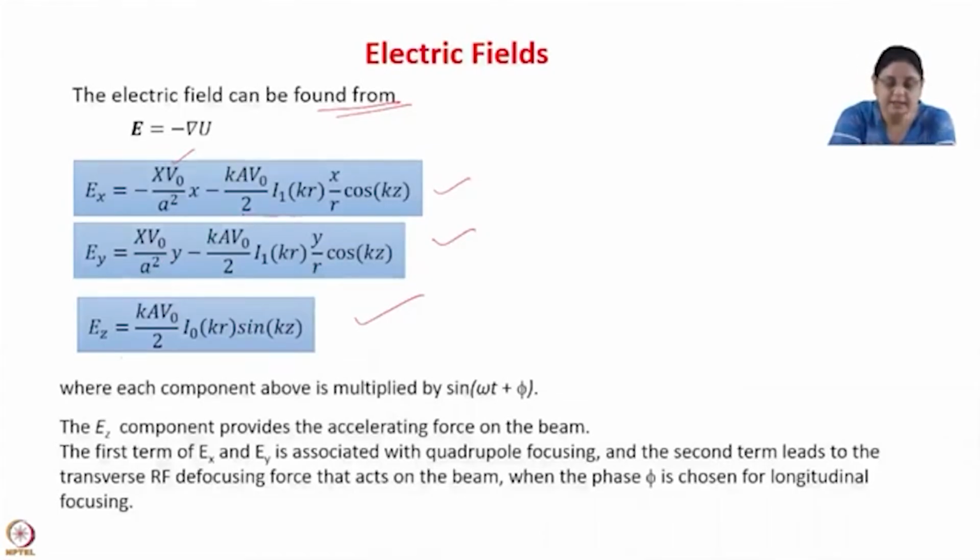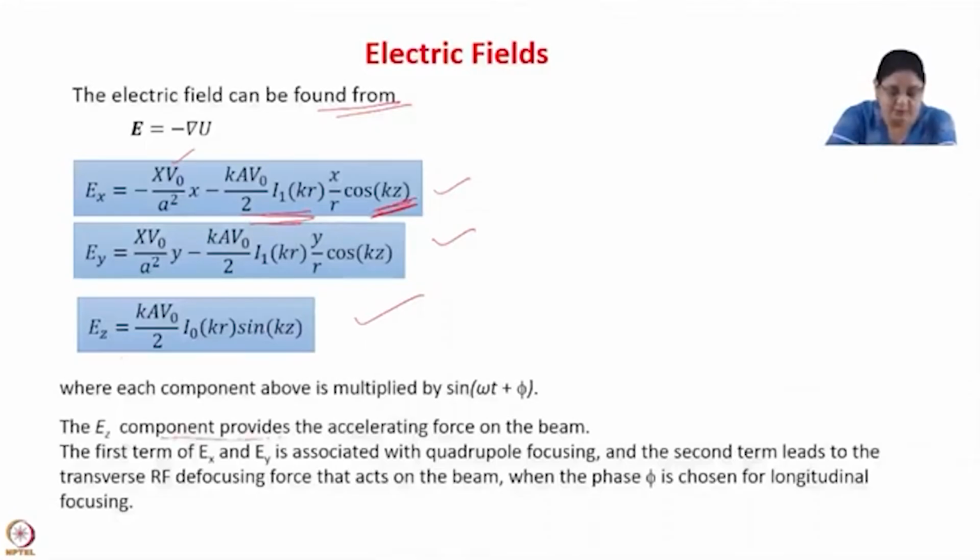And then the second term is due to the modulation. Here the z term includes the z variable, and this causes defocusing in the transverse direction, as we have already seen earlier that the RF field causes some defocusing in the transverse direction.